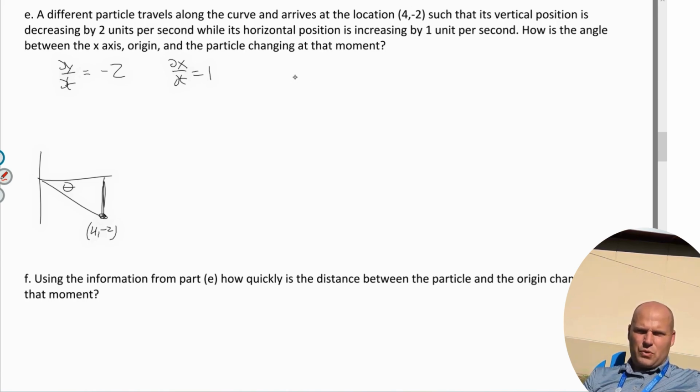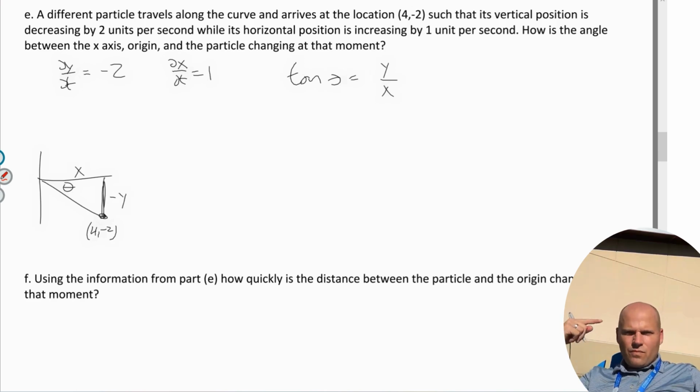Since I have dy/dt and dx/dt, I'm going to pick the trig function that makes the most sense, which is tangent. And tangent equals y over x. Now, I probably should say that tangent is negative y over x. On your test, I'm giving you points in the first quadrant, which means you don't have to worry about this.